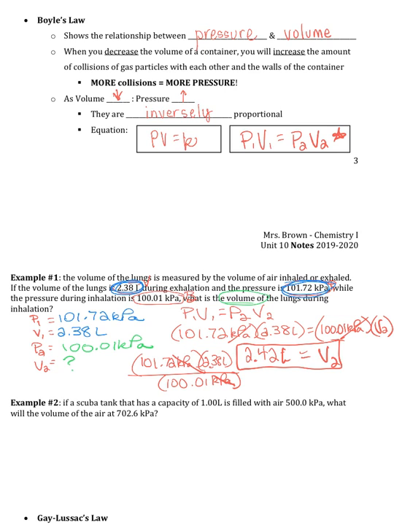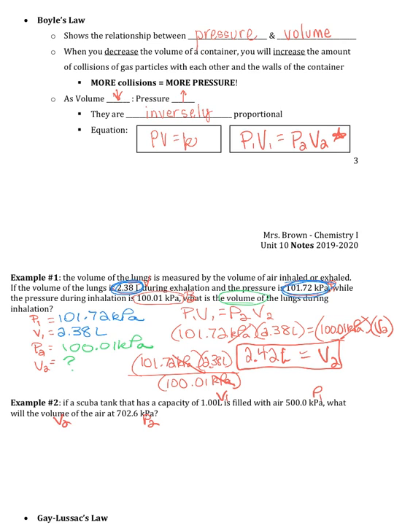Alright, my next sample problem. If a scuba tank that has a capacity of 1.00 liters is filled with air at 500 kPa, so I have a V and a P, so those are my V1 and my P1. What will the volume, so there's my V2, and here's my P2.